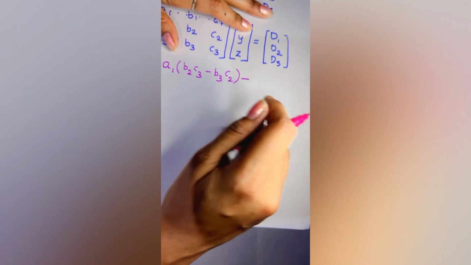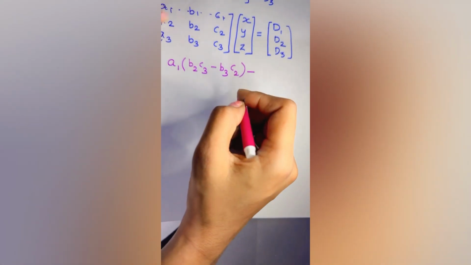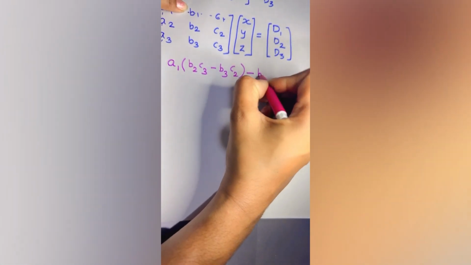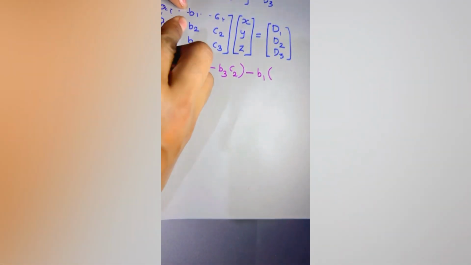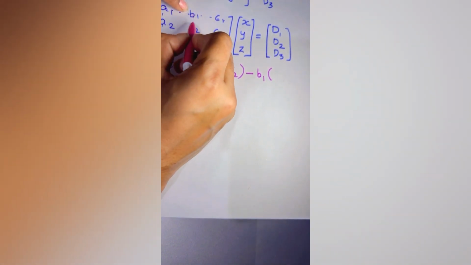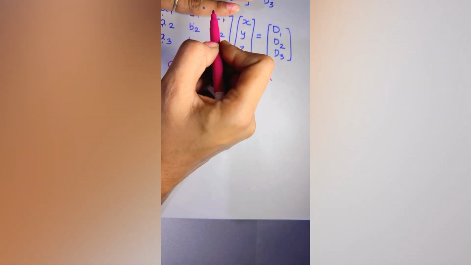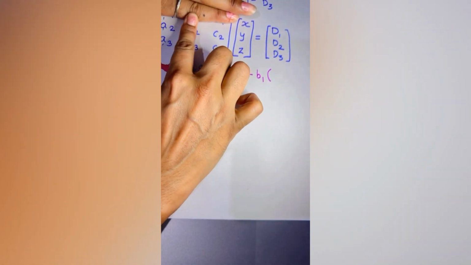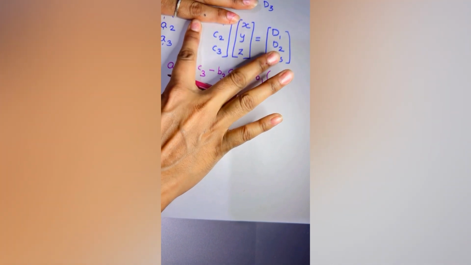Then the second term, how will you write the second term? b1. In the same way, when you are writing b1, close the row and column b1 belongs to, the first row and second column.